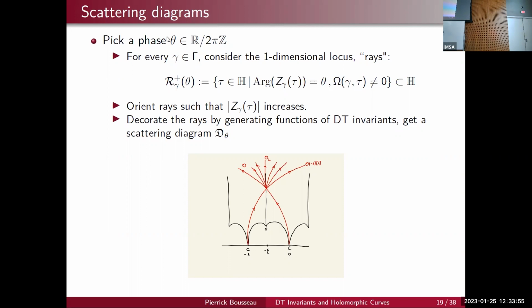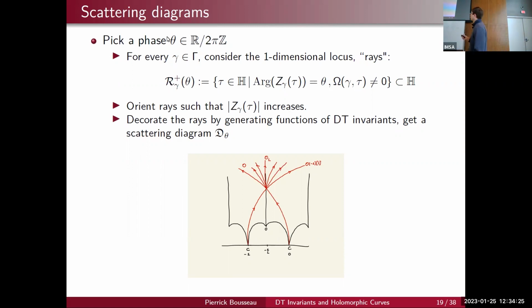If you have the structure sheaf of a line, it fits into such a short exact sequence. And in the derived category, we have a triangle. And the claim is that in the lower part of the picture, these objects become unstable because this thing becomes a sub-object which destabilizes.